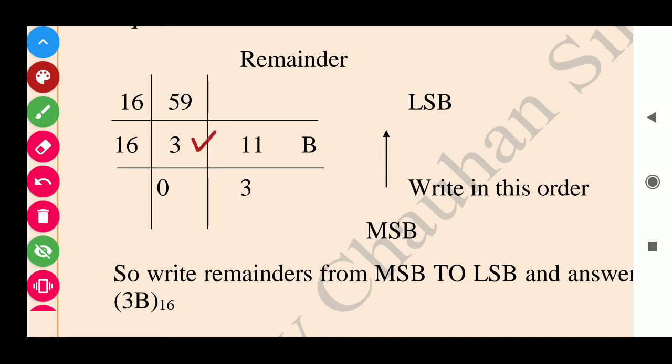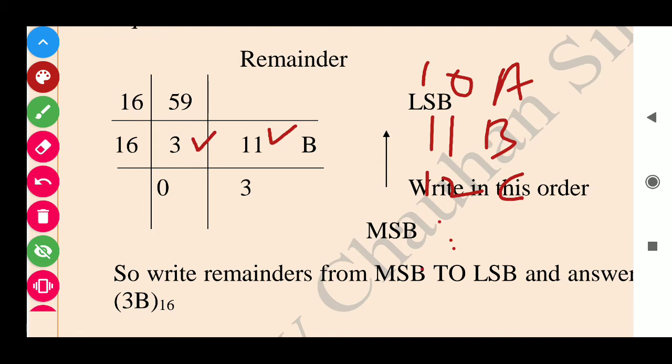Write 3 here and the remainder here, and because you know that in hexadecimal, 10 is represented as A and 11 as B, 12 as C, and so on, 15 as F, we have written B in front of 11.